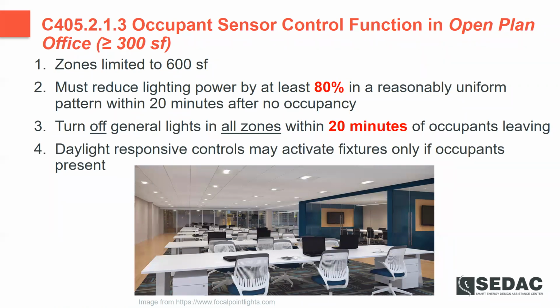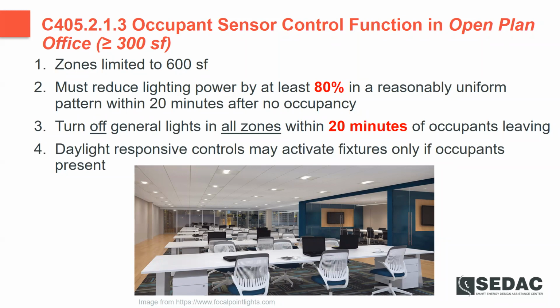And all general space lighting should turn off within 20 minutes of all zones being unoccupied. So lighting should be entirely off within the space. And daylight responsive controls may not override the occupant sensing. That way, if you've got a daylight sensor in the space, it's not turning lights on in a space that's unoccupied. Your occupancy sensor should override the daylight controls, not the other way around.